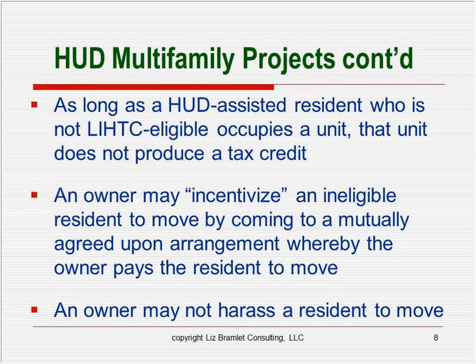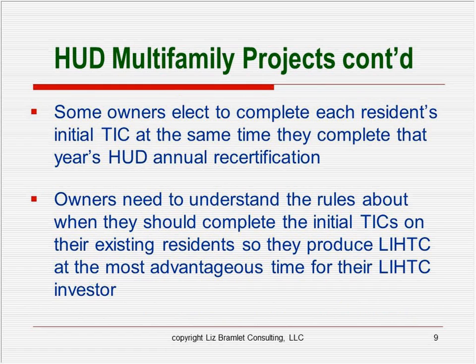There can be no harassment. The resident needs to understand that this is a voluntary situation, that if the owner and the resident come to an agreement where they'll move out on a certain date in exchange for some sort of incentive provided by the owner, that is the resident's choice, but they cannot be forced into it.